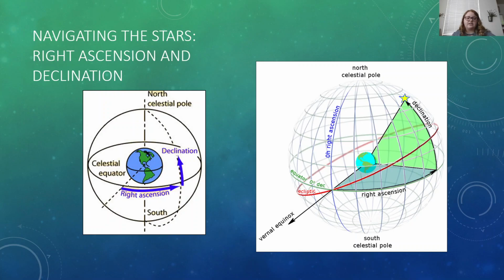Right ascension is going to be similar to your longitude. RA is something like longitude, since it is the east-west direction.